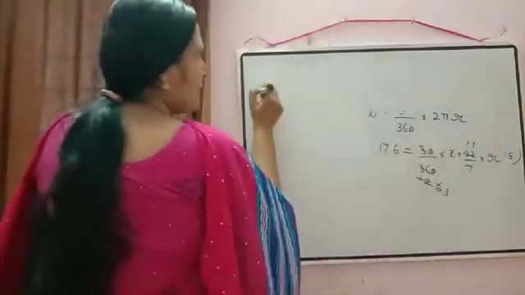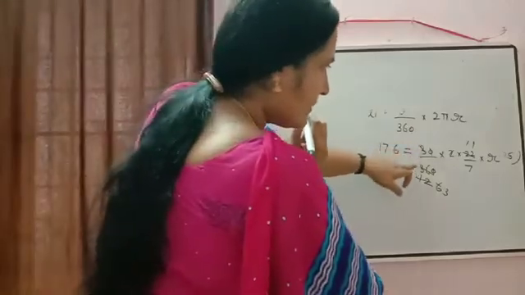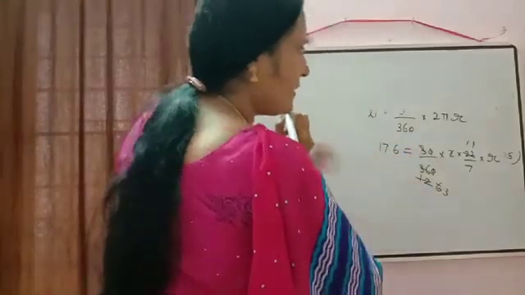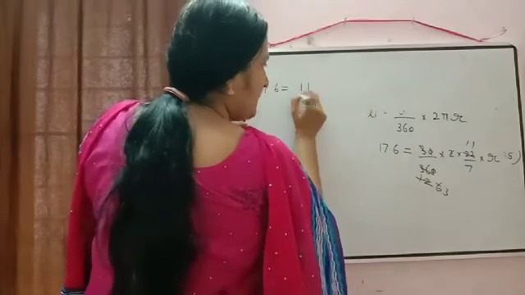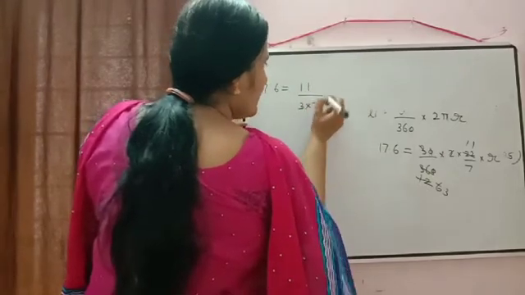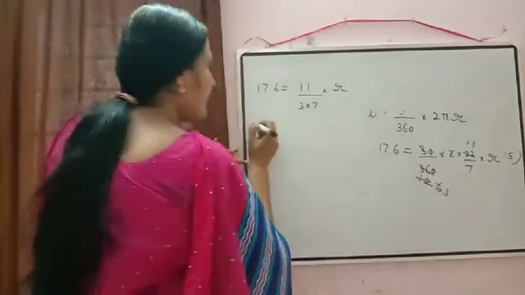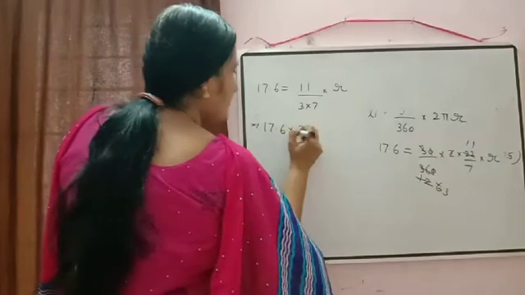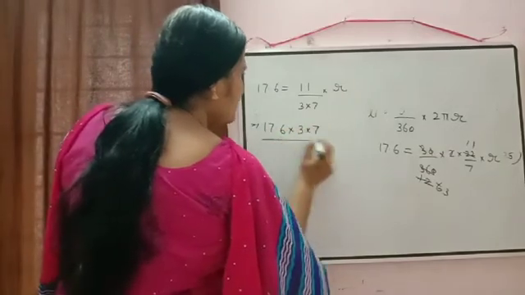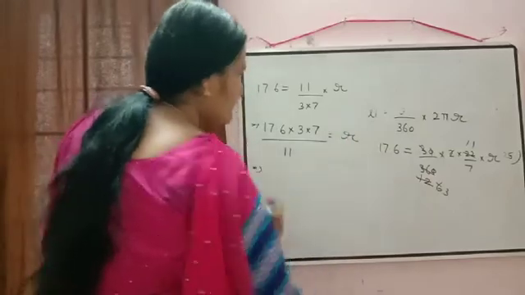So I think we are getting here 17.6 is equal to, rest everything cancelled. Denominator we have 3, and then we have here 11 by, in the denominator, 3 into 7 into r. Correct? Now except r, rest all we shift to the left hand side. Then it will be equal to 3 into 7 by 11 is equal to r.